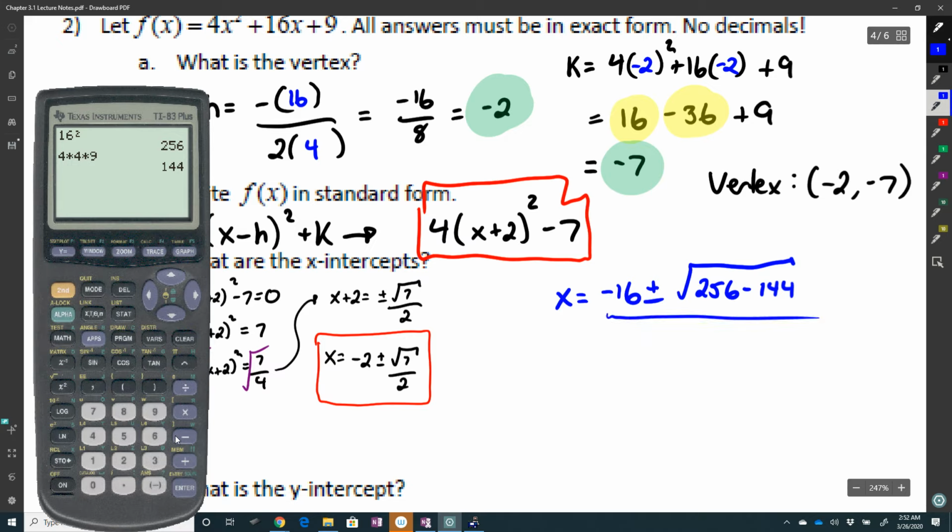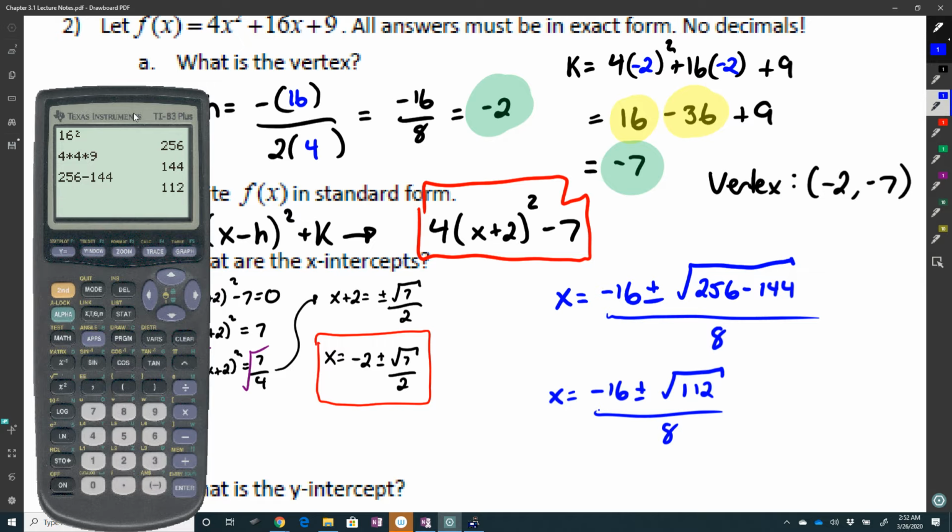All divided by 2 times a, and that's just 8. So negative 16 plus or minus 256 minus 144, 112, all over 8. And this is where the calculator can't really help you anymore, because we have the square root of 112, which means we have to break that up.